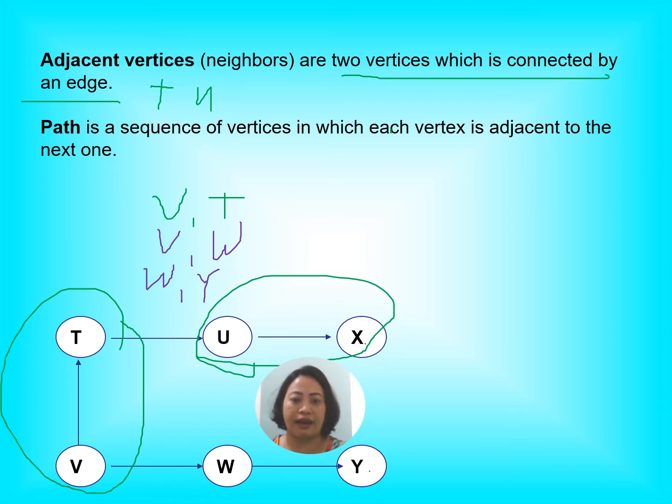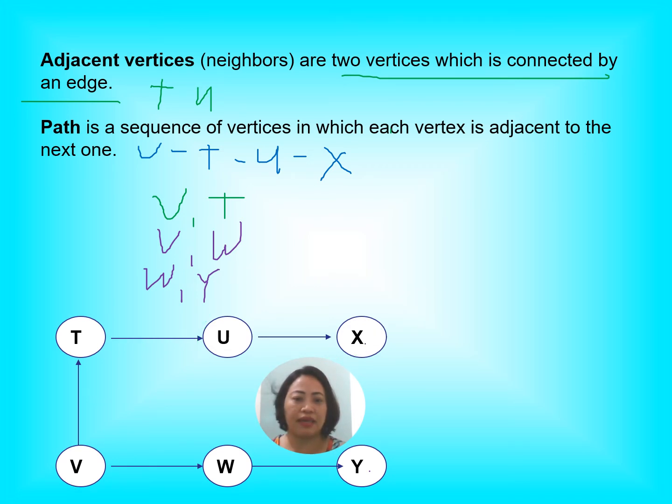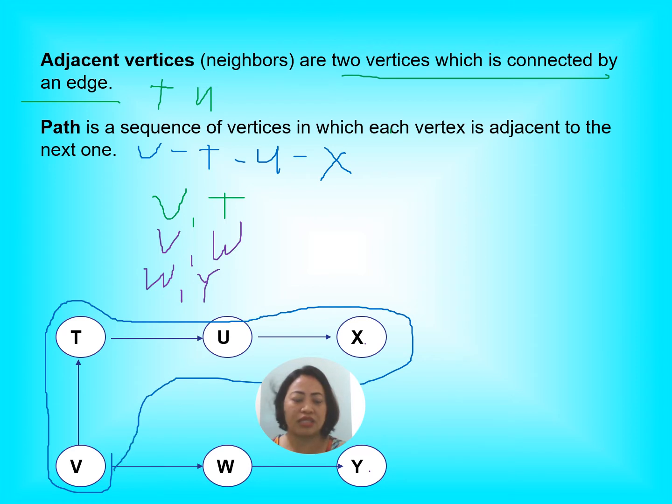Okay, so we could have V to T to U to X. That could be one path. Okay? We have from V to T to U to X. So we have one path.